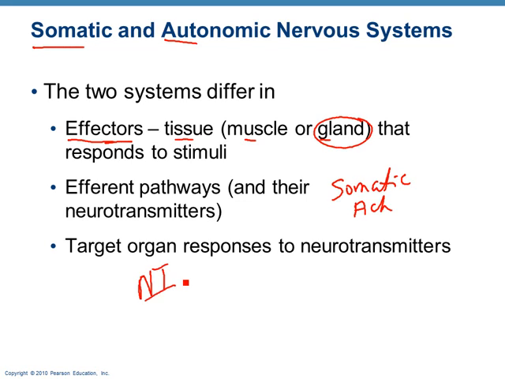They'll actually bind to maybe two different types of receptors. The same neurotransmitter, but it may bind to receptor type 1 or receptor type 2. And in one case, if it binds to receptor type 1, it may cause a positive response. If it binds to receptor type 2, it may cause a negative response. So it depends on what kind of receptors are on the target organ, how it responds to the neurotransmitter. And we'll talk about that as well.